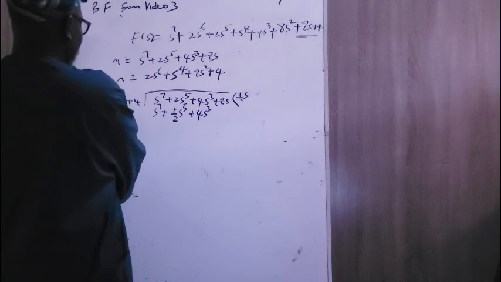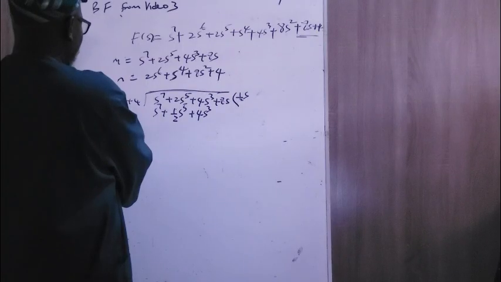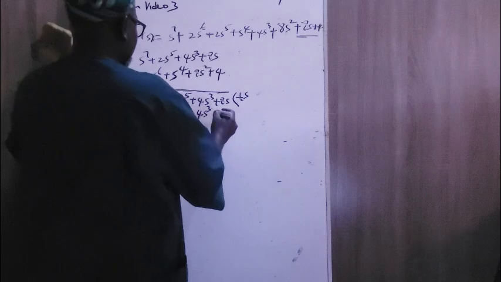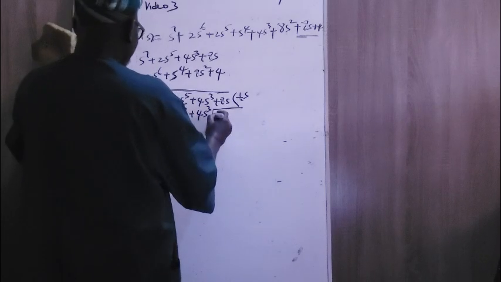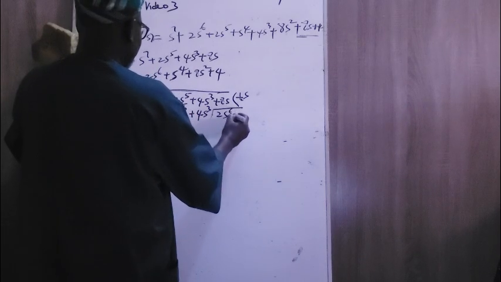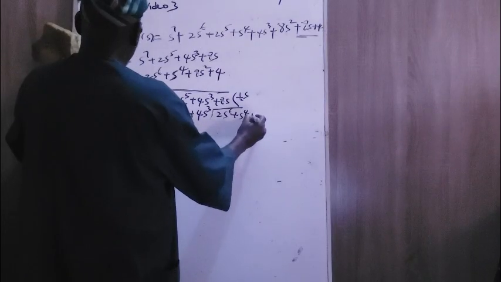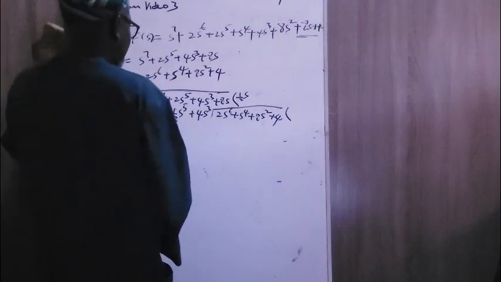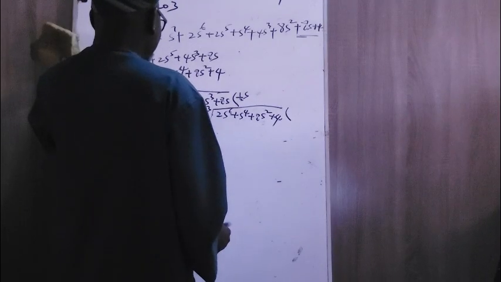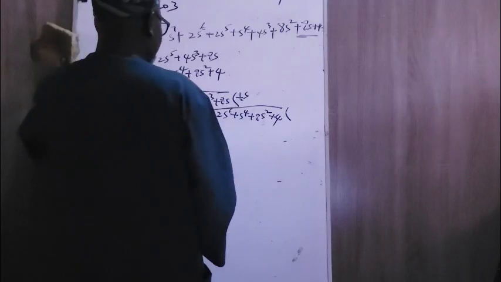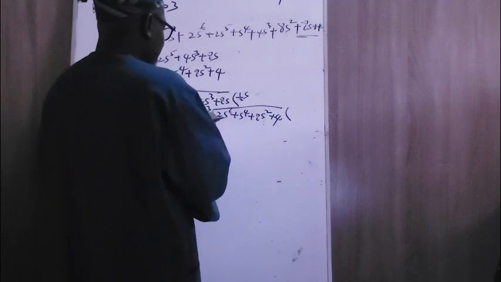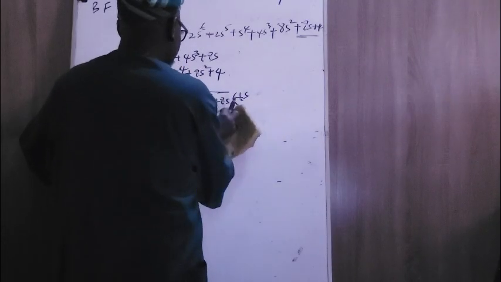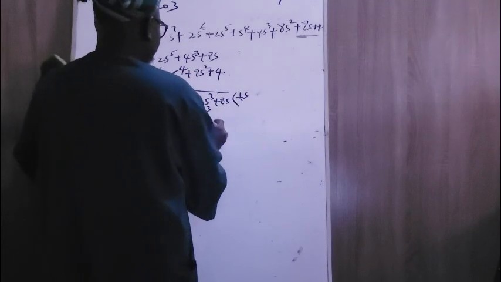Half, that is s^7, half s^5, 4s^3. Then we bring this here now, 2s^6 plus s^4 plus 8s^2 plus 4. Oh wait, I've jumped. We are going to subtract first.